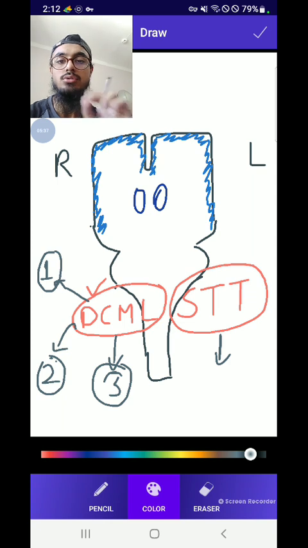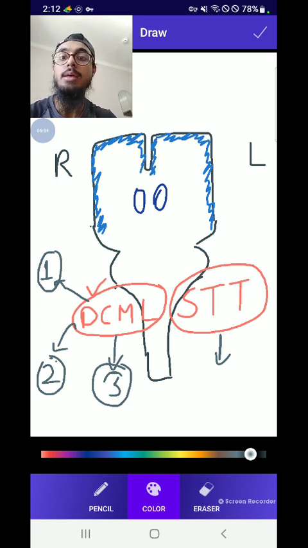A little touch to your body is controlled by the dorsal column medial lemniscus pathway. The second function is proprioception, and the third function is vibration. If some mass vibrates, you can touch it and your body feels that vibration.